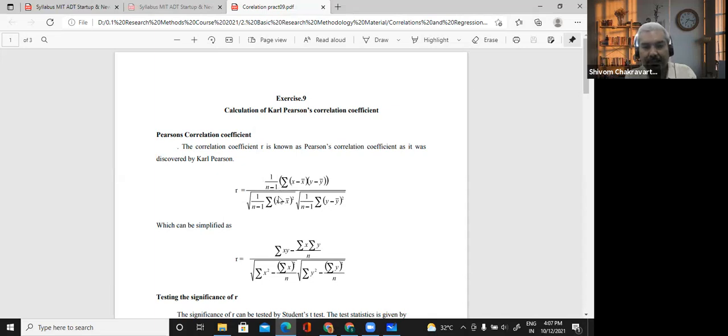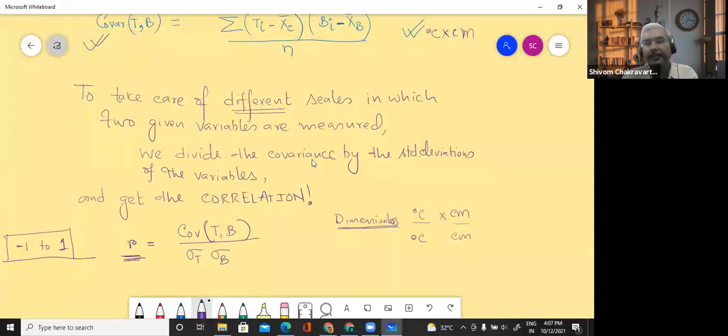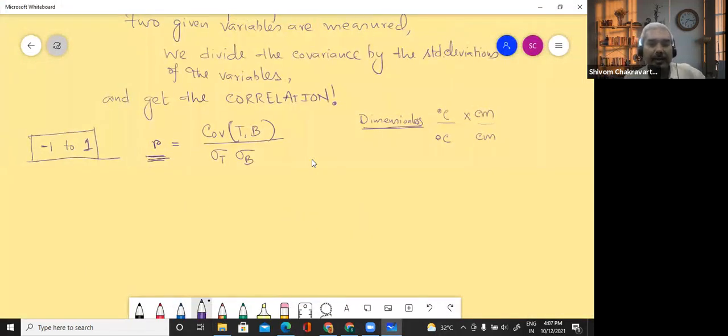So basically, you can see this will become the formula for correlation. Maybe it makes sense to write that also. So the covariance formula, say x and y. Shall I convert it to x and y, or are you comfortable with t and p also?